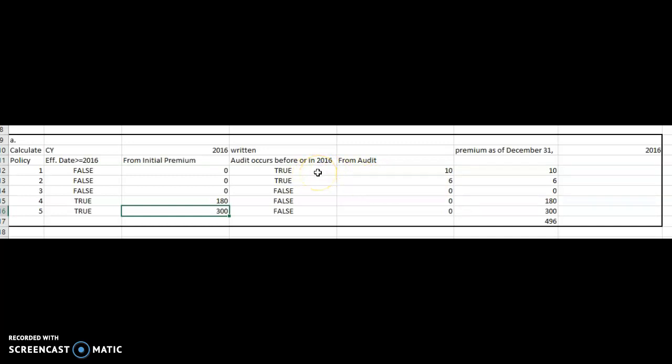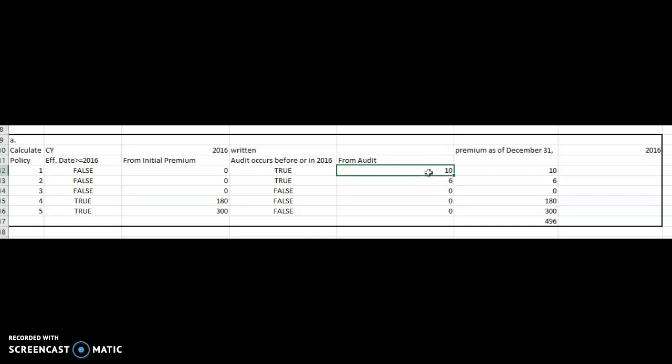And next, let's talk about the audit. Based on the information we already have, we know that the audit occurrence date for policy 1 and policy 2 is in 2016.